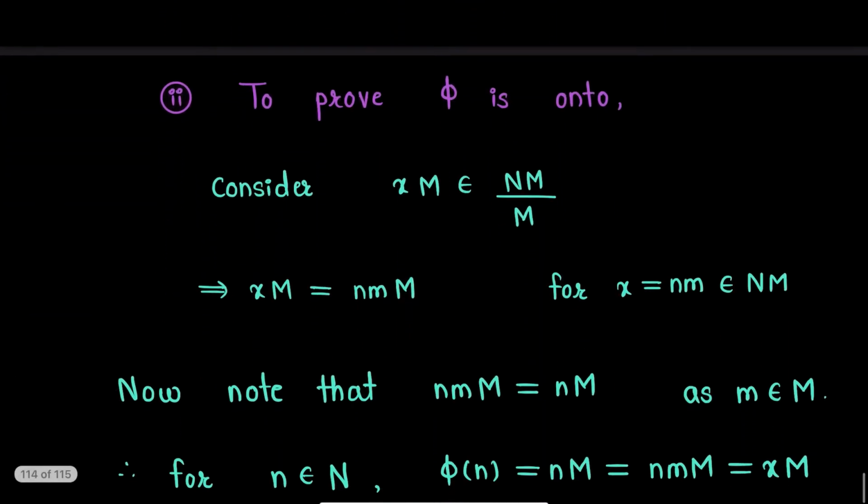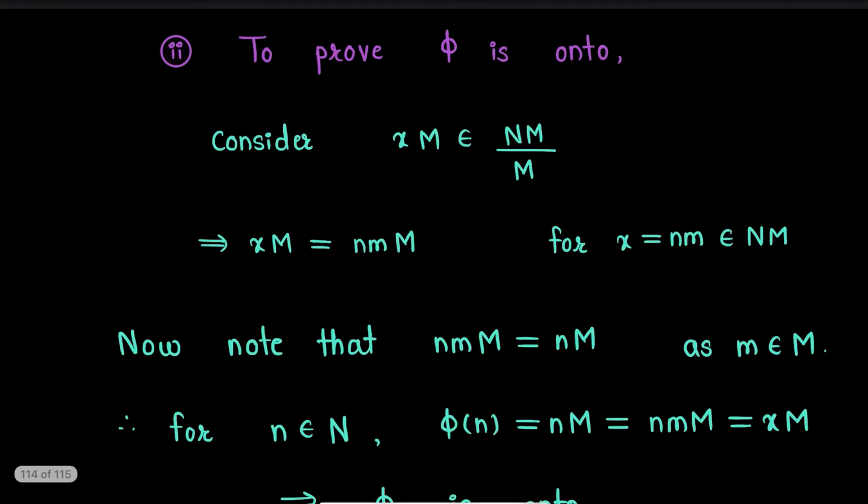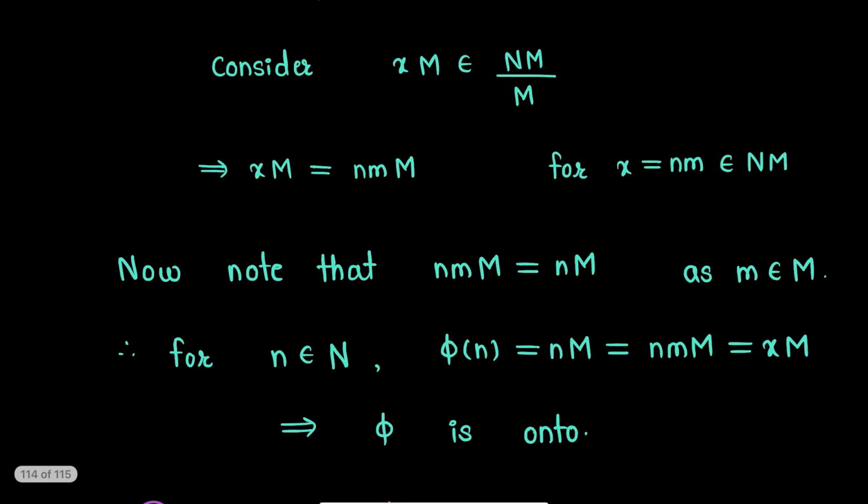Next, to show that phi is onto, consider any element, say xM, in the quotient group NM over M. Now, for this coset xM in NM over M, this x will be equal to nm for some n in subgroup N and m in subgroup M. Now, note that nmM will be equal to nM since m is an element of subgroup M. So, these two cosets are same.